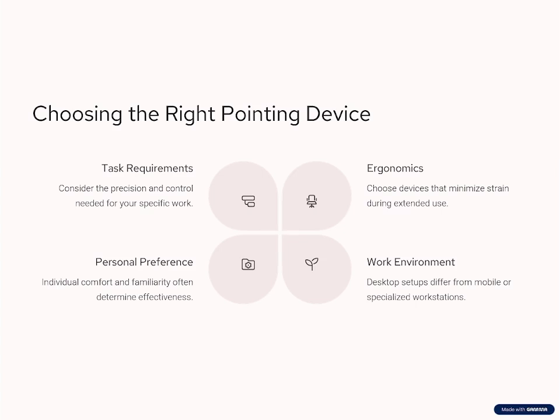By ergonomics I mean choosing the device that minimizes the strain on your body during your computing experience. This helps when you are performing a task over a very long period of time. So you look at the ergonomics.